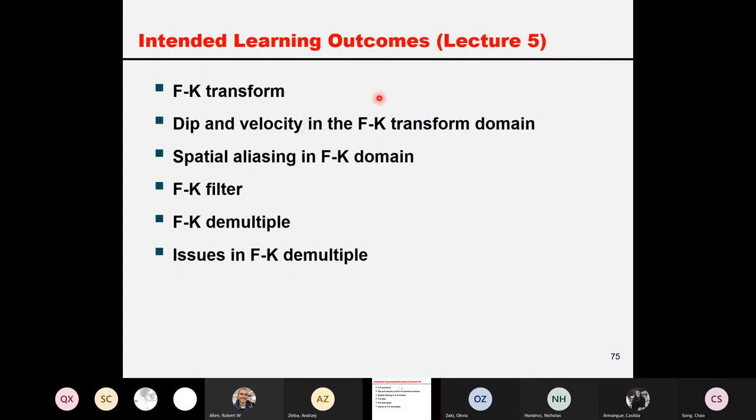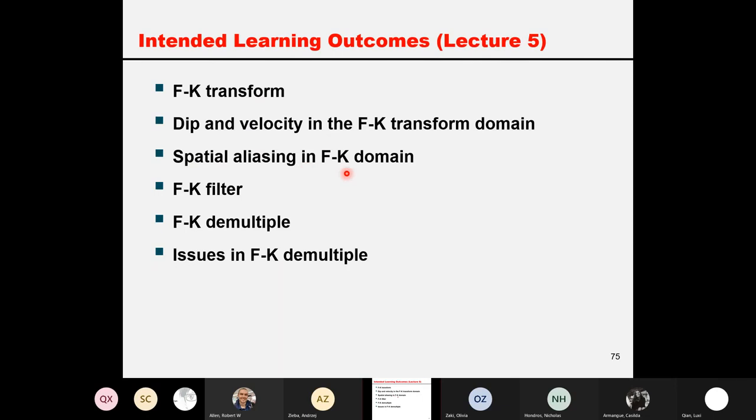Why do we do that? Because in the FK domain, different events can be separated by the dip or inverse velocity. The very important problem with this is the aliasing issue.